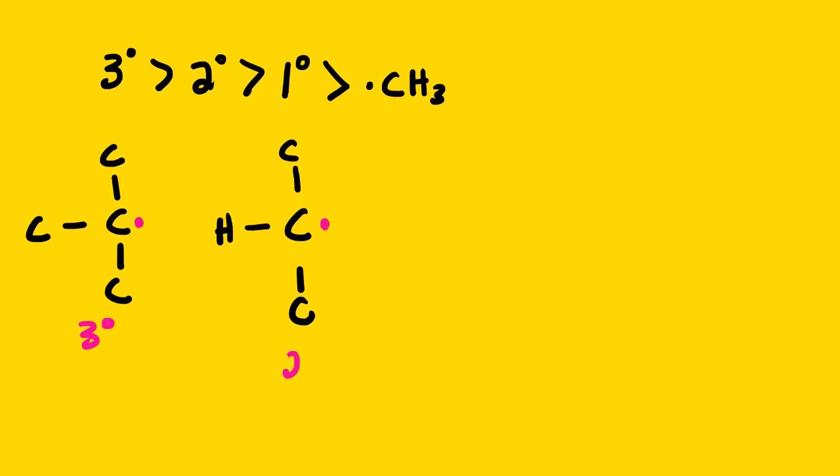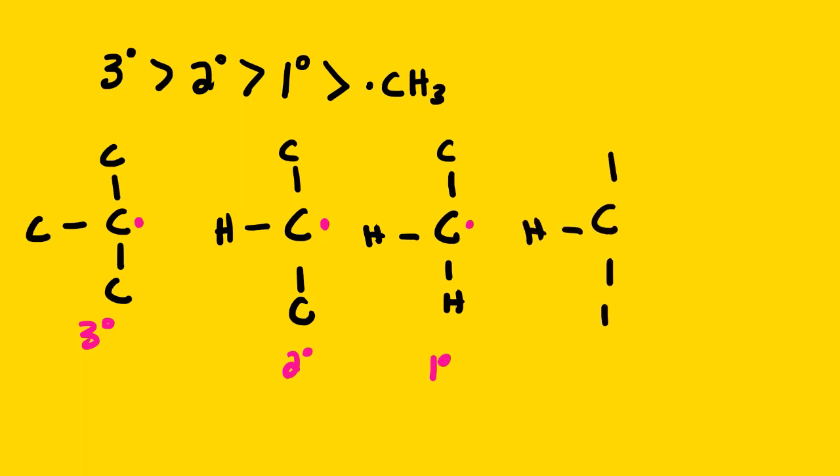And by the way, this is a secondary radical. A primary radical is a radical attached to only 1 carbon. And then we have a methyl radical, which is attached to only hydrogen. There's no other carbon. So in this case, we need a stable radical for this particular reaction.